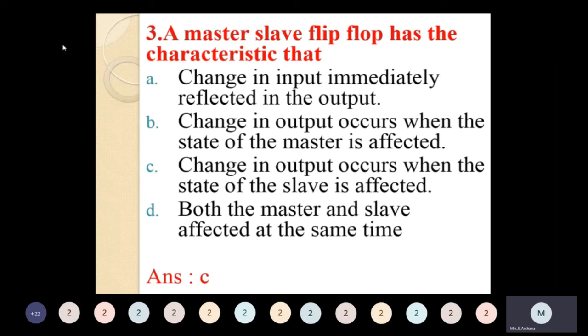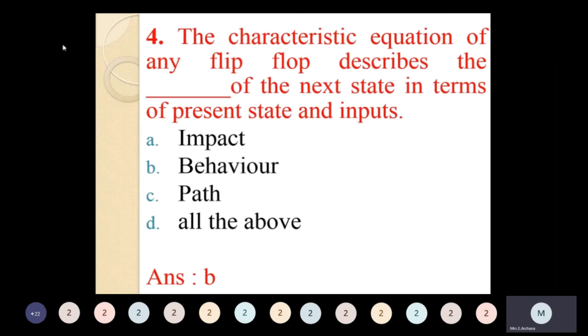The correct answer is C. Next question. The characteristic equation of any flip-flop describes the dash of the next state in terms of present state and inputs.